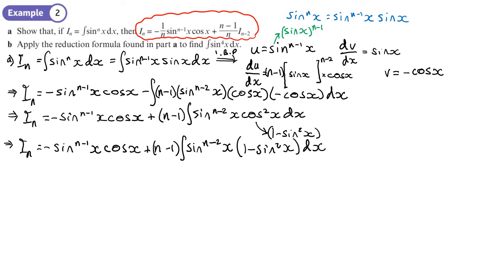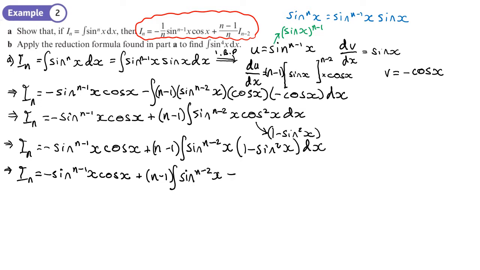Now we'll multiply out these brackets here. We're just using a trig identity to get it into the form that we're interested in. So that will be integrating sine to the power n minus 2 x.